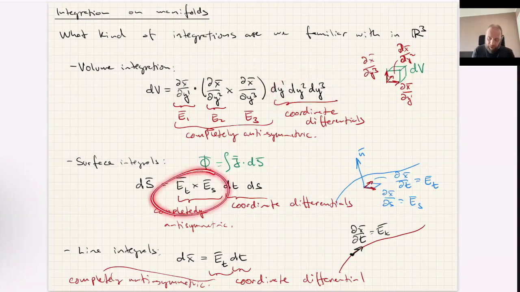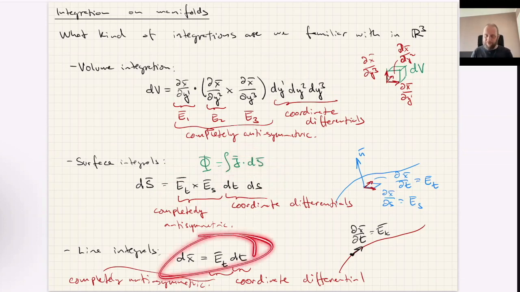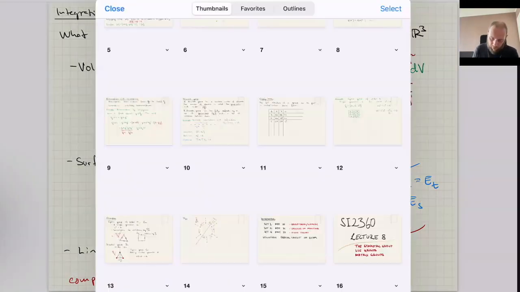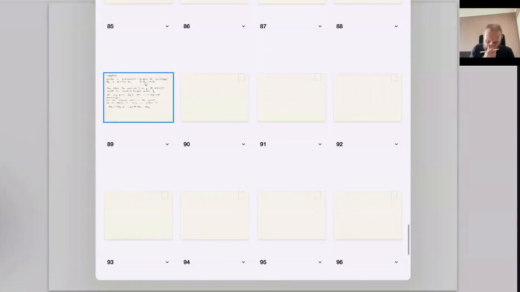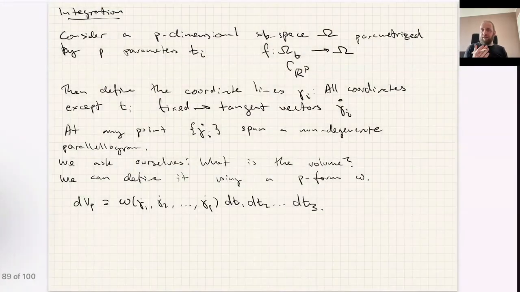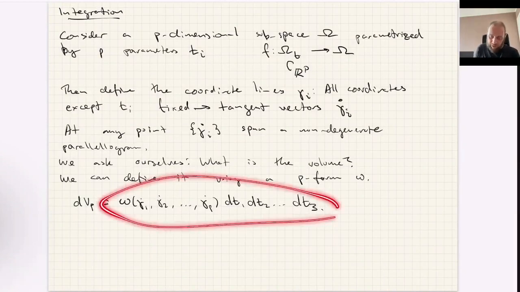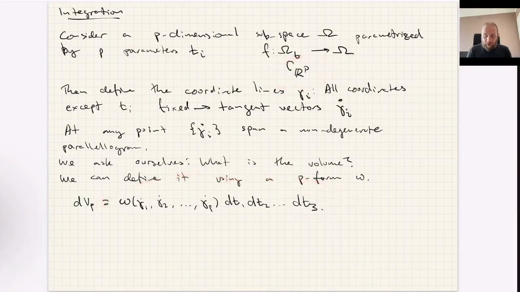Some alternating function of the vectors times the coordinate differential. So indeed, this is the kind of thing that we want to integrate. And now we can do that because in R^p, we know how to integrate over this region. It's just your usual multivariable calculus integral.